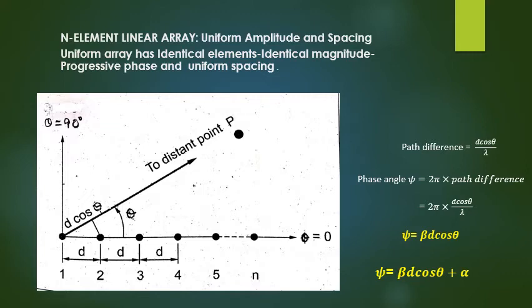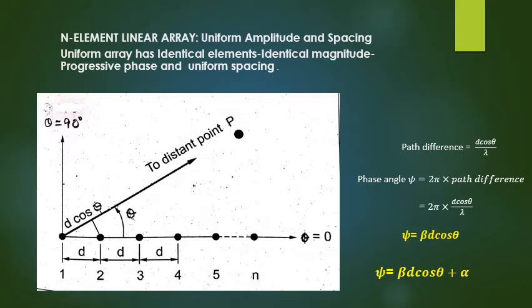individual sources. Now, if we consider the point sources 1 and 2, then the waves from source 1 will reach the distant point only after some time than the waves from source 2. This is because of the path difference d cos theta.